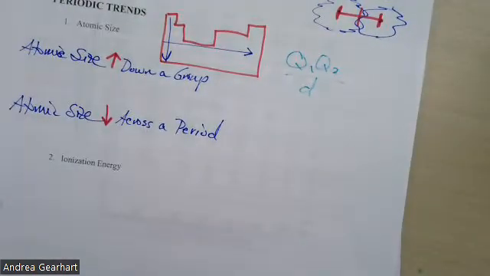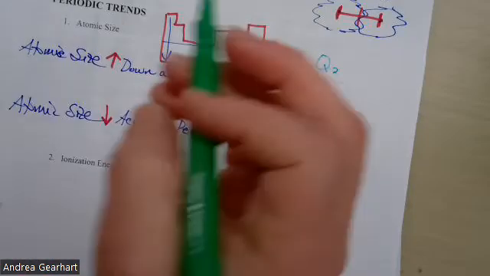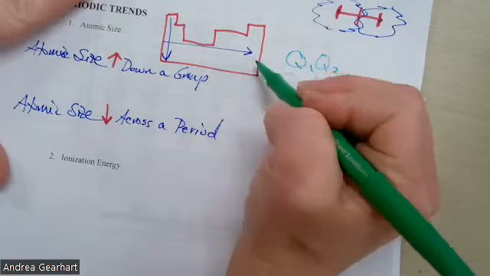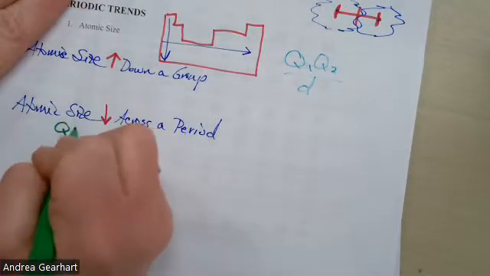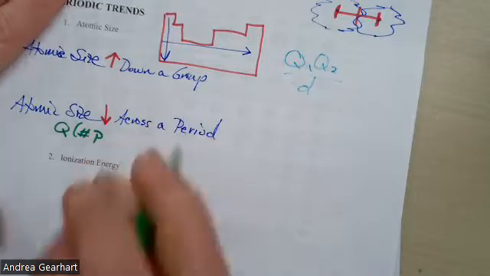Take it away, sir. Hold on one second. What direction are you going? I apologize very much. So across a period, the Q, so the number of protons.